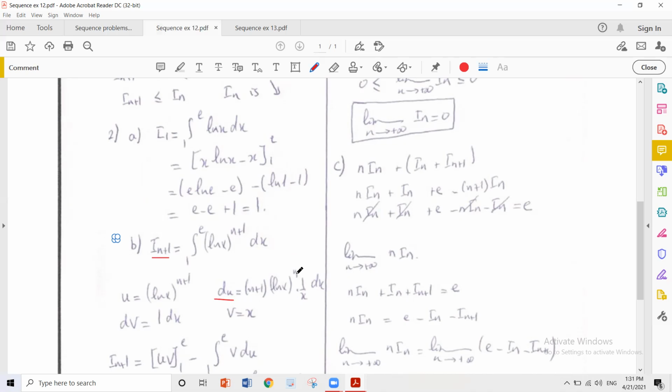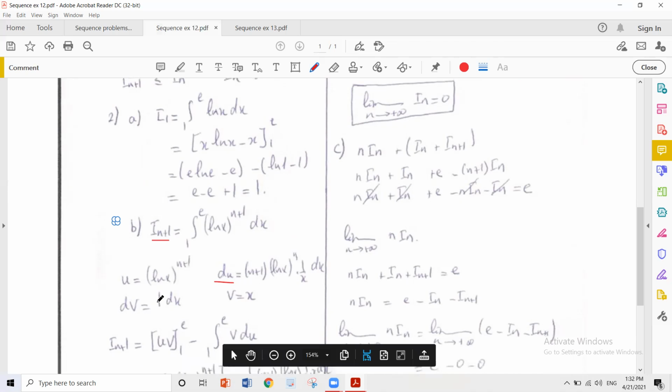The derivative of u: the power comes down, n plus 1 times (ln x) to the power n times the derivative of ln x, which is 1 over x. So du equals (n+1)(ln x)^n times 1 over x dx. Why the 1 over x? We always use the derivative rule for a power.